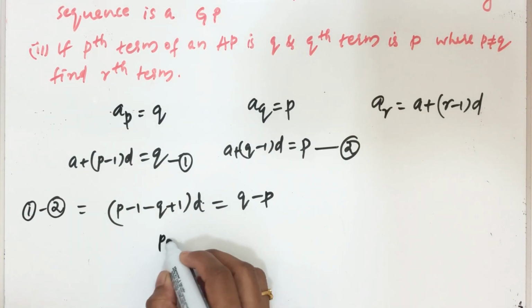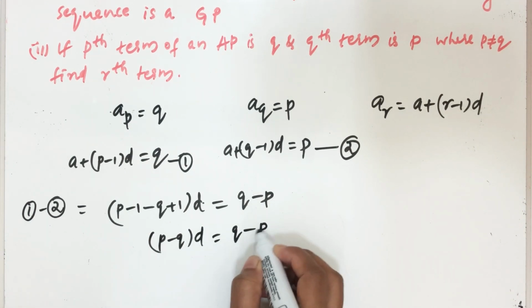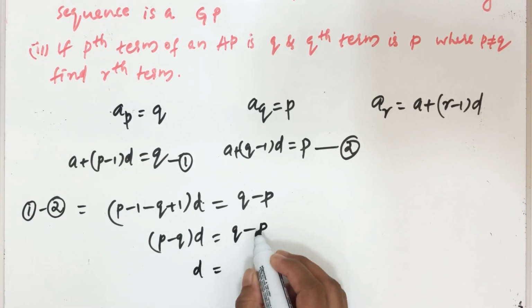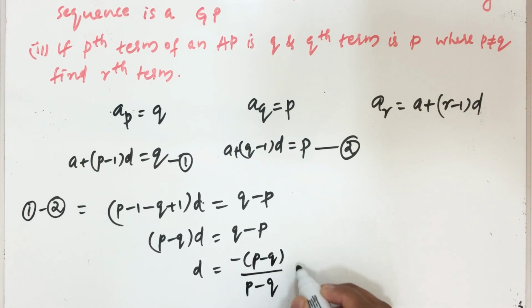That is P minus Q into D is equal to Q minus P. So we get D is equal to Q minus P by P minus Q, which is minus of P minus Q by P minus Q, which is equal to minus 1. So we get common difference D is equal to minus 1.